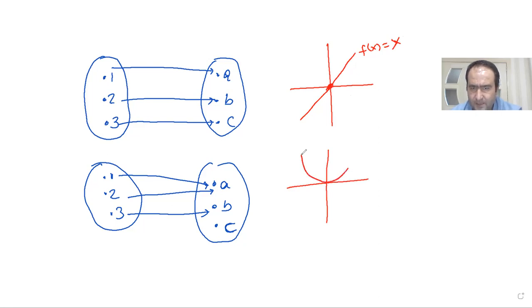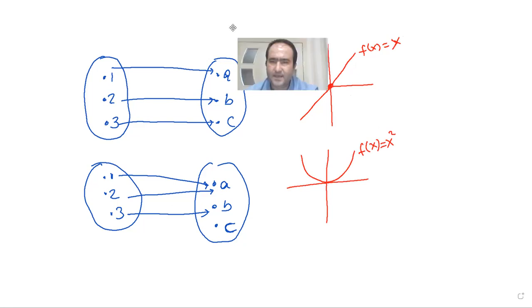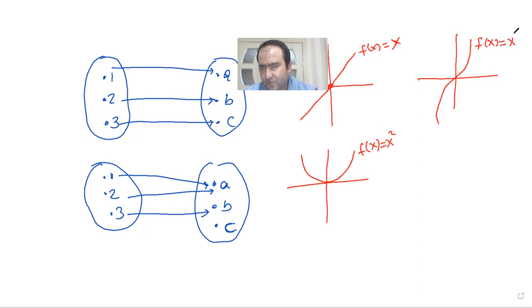For example, this is f(x) equals x squared, and this is f(x) equals x cubed. They all pass through the origin.